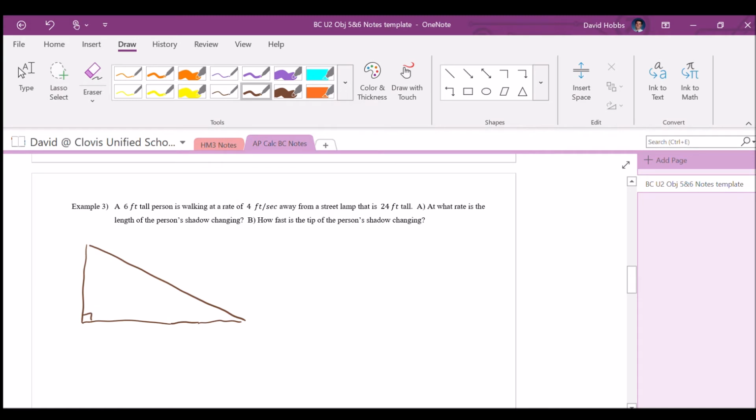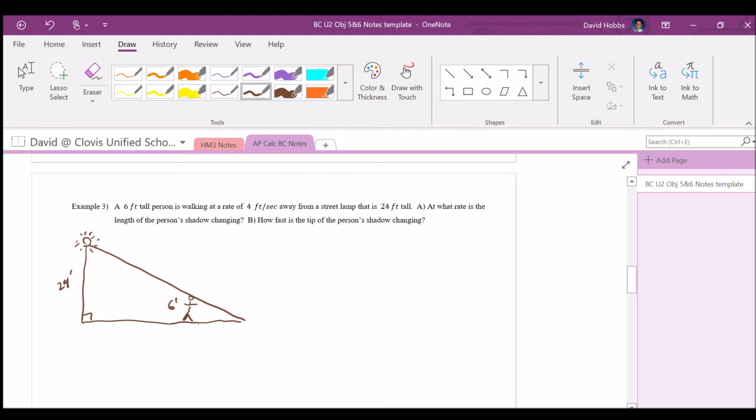Okay, now we're assuming the lamp is actually perpendicular to ground. It's giving off light. It's 24 feet high, and you got a person who's 6 feet tall, and again, don't laugh at my people.